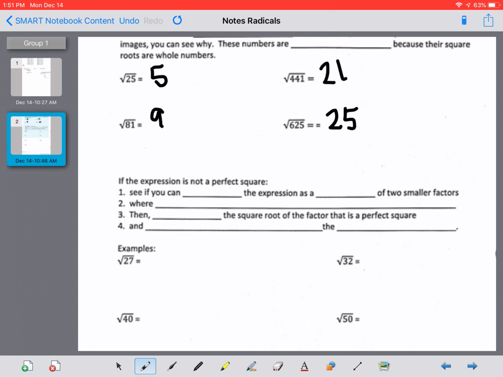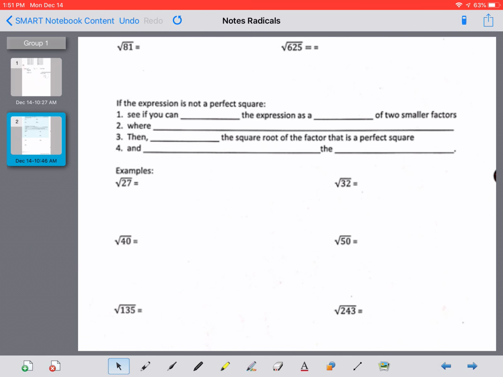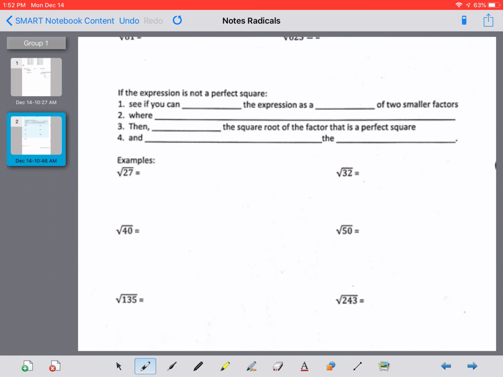Now, we're not always going to have perfect squares to simplify. If an expression is not a perfect square, then you want to see if you can rewrite the expression as a product of two smaller factors.